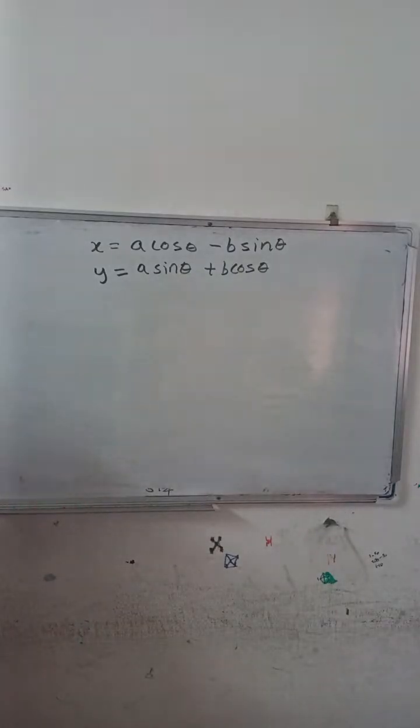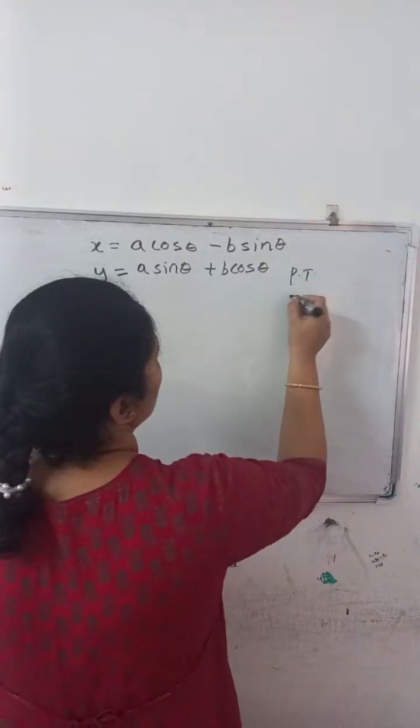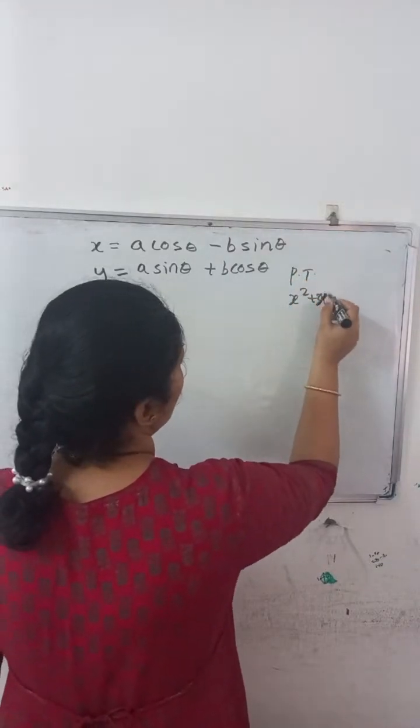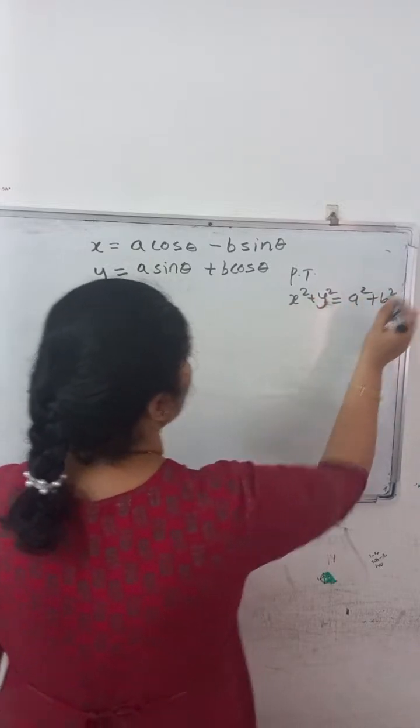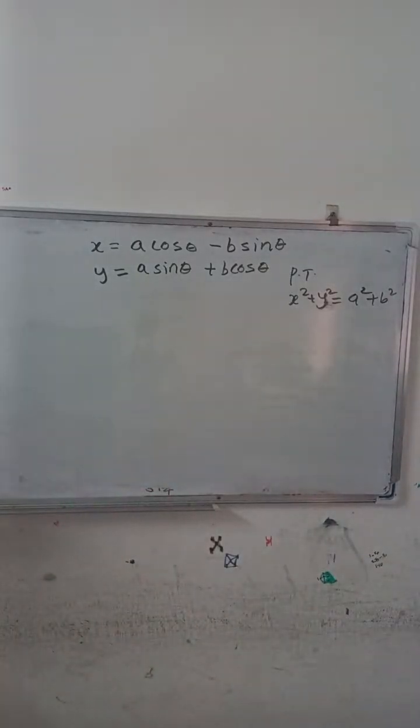Okay, so this is the question we have. They are asking us to prove that x square plus y square is equal to a square plus b square. This they want to prove. We have to prove that.